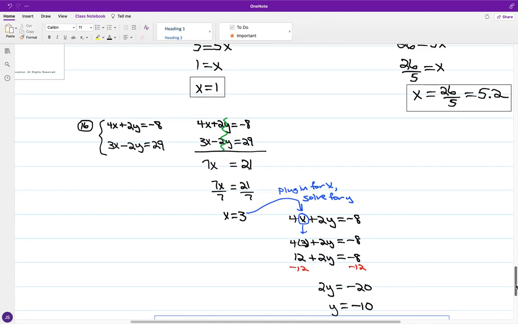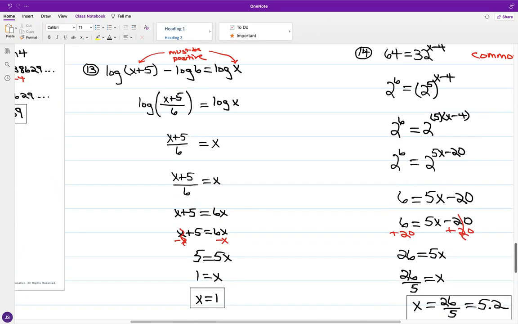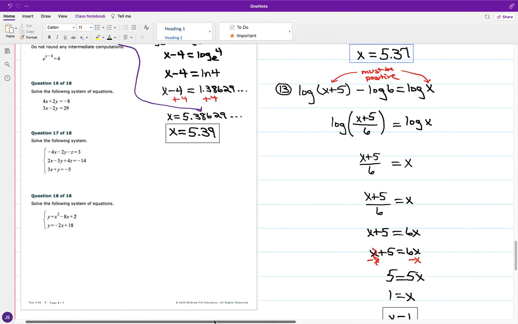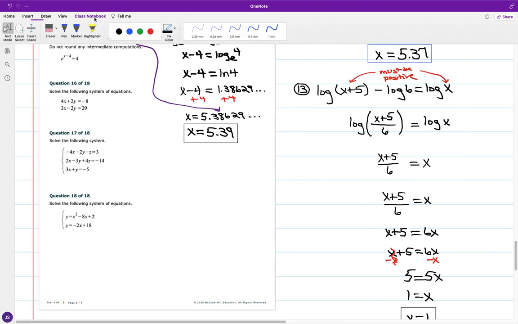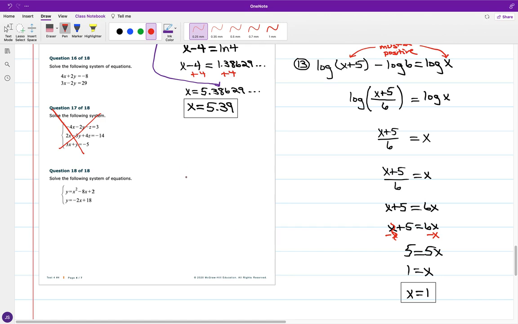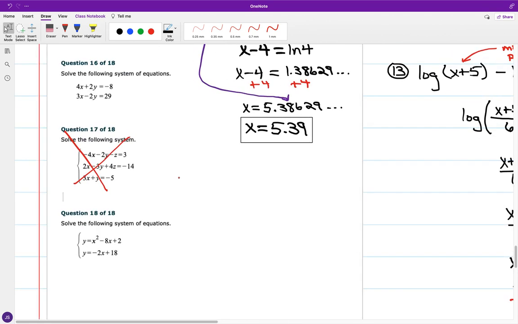Then we have number 18. Now I just mentioned, number 17, that problem is from a different section, section 8.2. We won't be dealing with this. But for 18, there is a blend of linear and nonlinear equations.